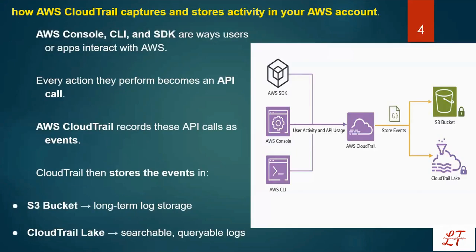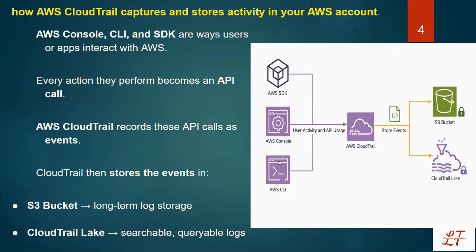So how does AWS CloudTrail capture and store activity in your AWS account? When an application or a user is using AWS services through APIs, like the SDK, console, and CLI, CloudTrail records the events happening in these services in JSON format, and then stores these events in an S3 bucket, in CloudTrail Lake, or even in CloudWatch.